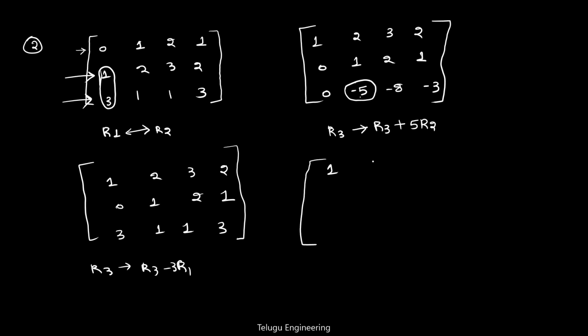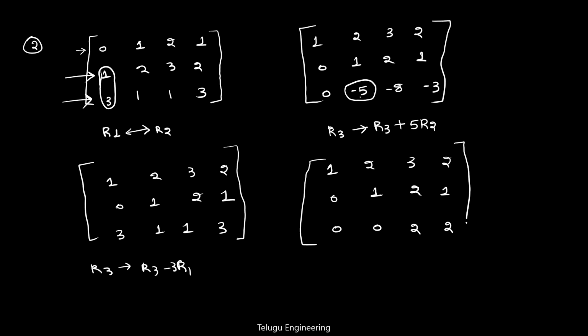And this makes 1, 2, 3, 2. Here 0, and this one becomes 0. And this will become 2. And this also becomes 2. Okay.